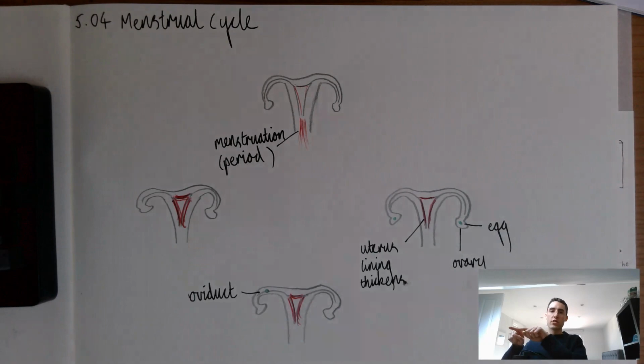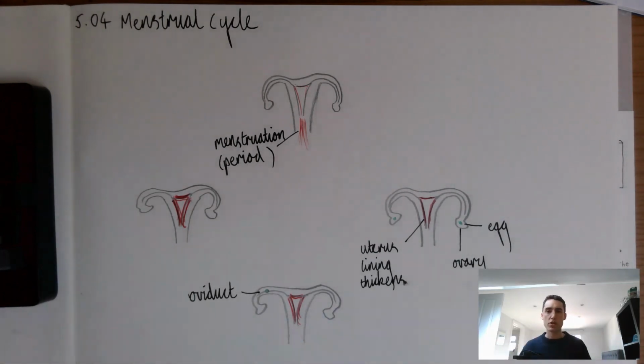At Key Stage 4, they'll see all those graphs over the 28 days showing the different proportions of the different hormones. That's for Key Stage 4. Right now, we're just giving them a qualitative overview of what happens during the menstrual cycle in really simple terms. So you don't need to worry about hormones at this stage. Obviously, if you've got a group who you think are ready for that, then please do explain about the hormones. Having said that, they'll learn about hormones in the Human Body Part 2 scheme in Year 8, so you might want to just save it until then.